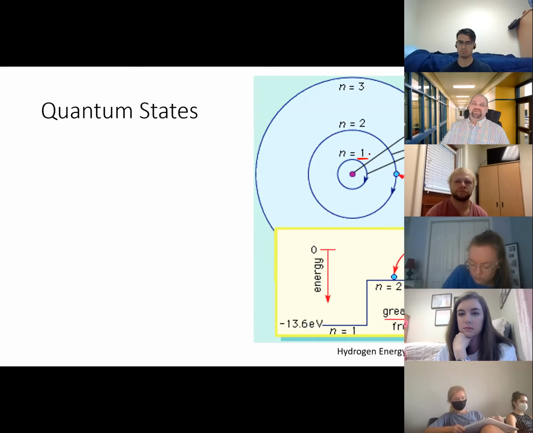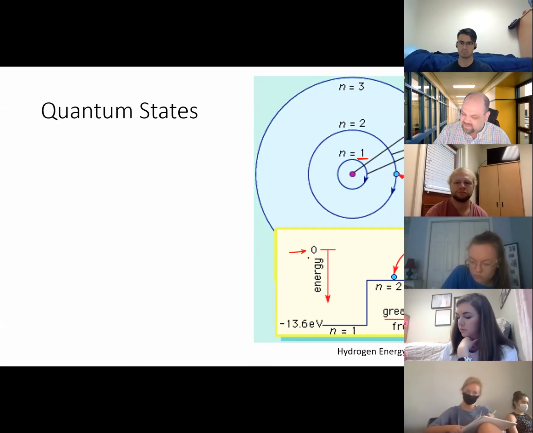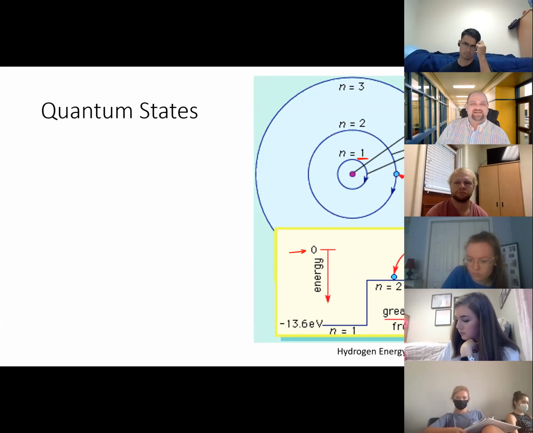The other thing to keep in mind is that for this system of a nucleus and its electron, we consider it to be 0 energy when there's no interaction between those two whatsoever. That is essentially when they're infinitely apart. So if we look at this energy graph, 0 is way up here at the top of the scale, and the values get more negative. More negative because it is more favorable, it's lower in energy, for a positive nucleus to have a negative electron around it.